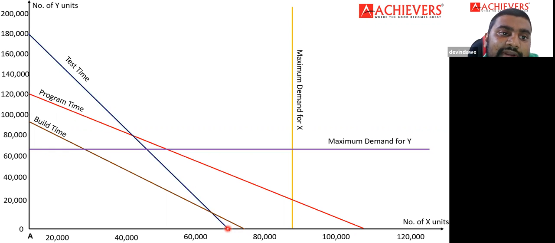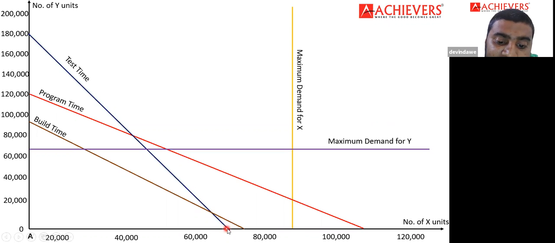So if I don't have any more resources of test time, can I do any more production? Can I produce? Because understand, what is the meaning of the x-axis? The x-axis represents the number of X units. So beyond this point, can I go any further? No. Why can't I go any further?